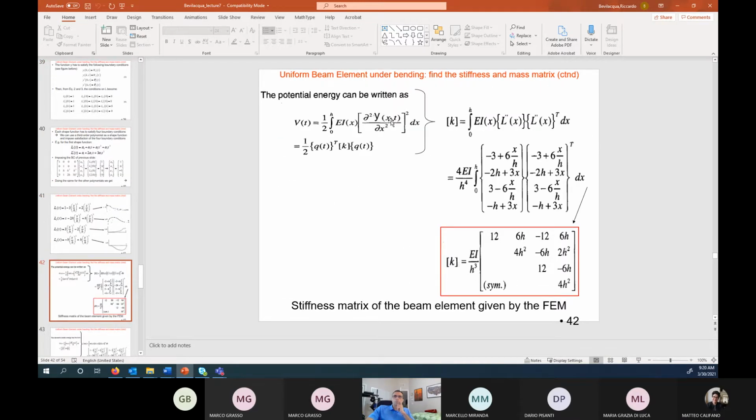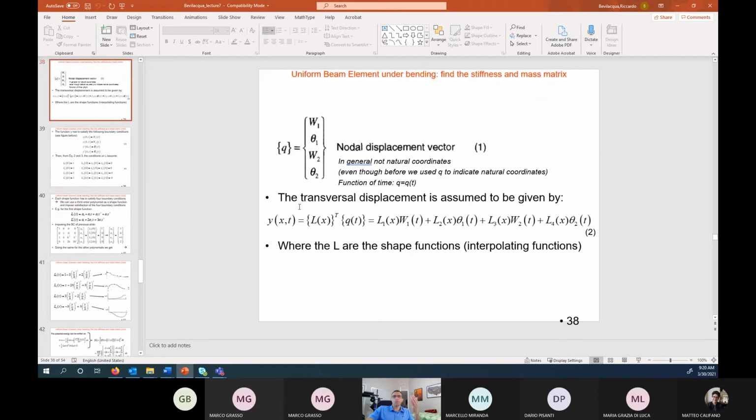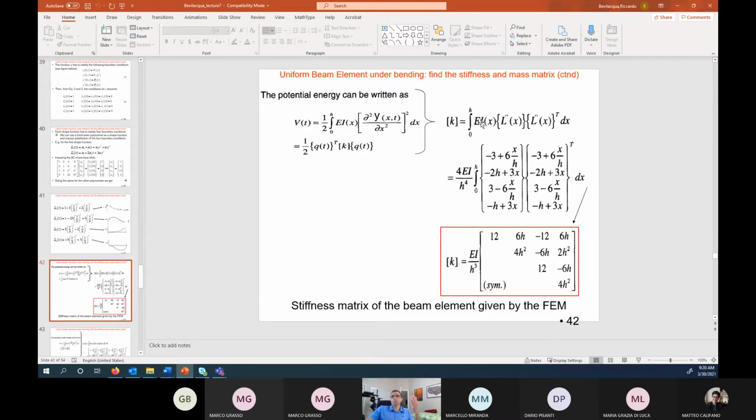Well, then, if you impose this equality, and I plug in my imposed solution for the y, this is a combination of shape functions and displacements. You can show that it will look like this: E I of x, the second derivative with respect to x of L, multiplies itself transpose.